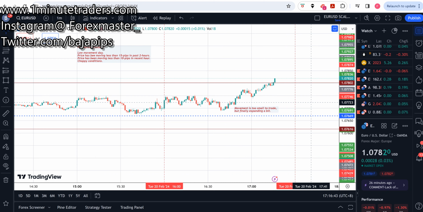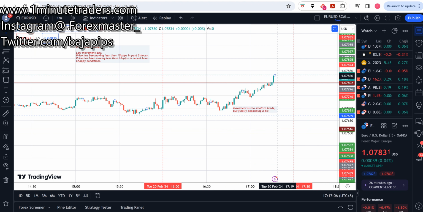All right, I'm back, everybody. Whew. Been quite a session. Y'all can see towards the end of my session, we're finally expanding into that minimum of 15 pip range. In the past hour, it's finally expanded to 10 pips, and now we're hitting that 15 pips for the 2 hour minimum. I'm going to show y'all right here.